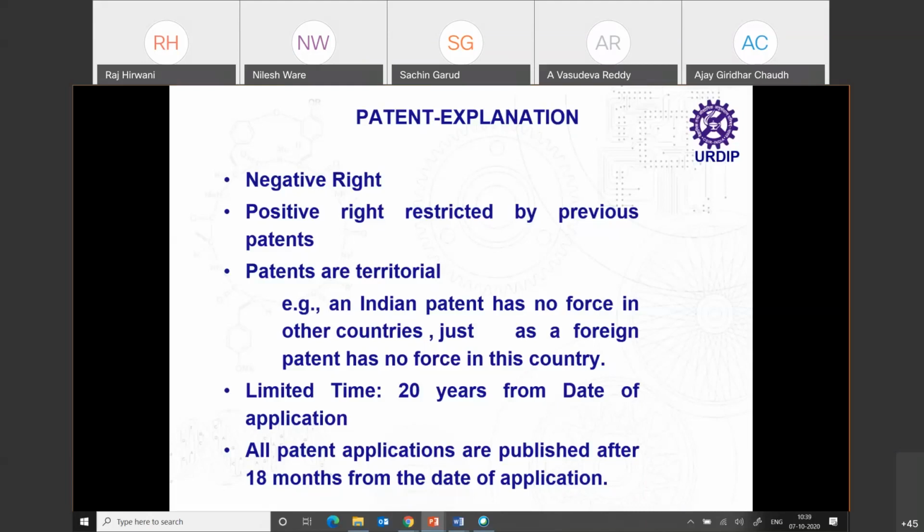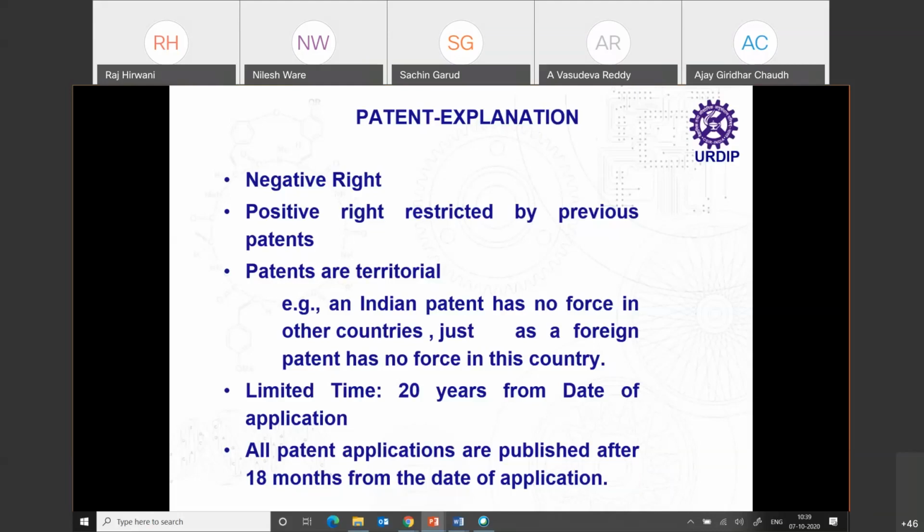Similarly, foreign patents have no force in India unless they have applied in India, unless you have applied in other countries. Then only is the patent enforceable. Again, a lot of people don't understand that. A lot of SMEs come, I tell them, look, here is a US patent, but they do not have a corresponding Indian patent. Exploit that, provided you ensure that this product doesn't go to the United States, because then you'll be infringing. That is an important part.